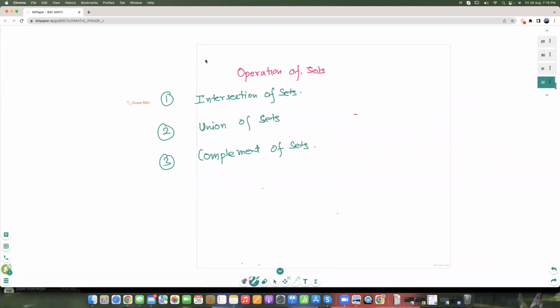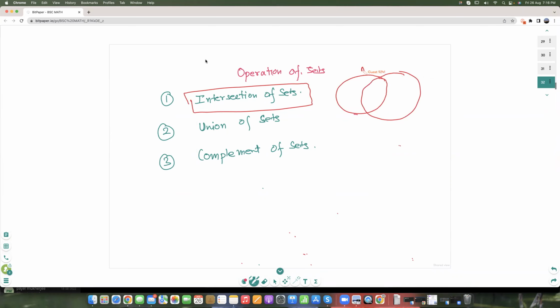Right, guys? So first one, you know what the intersection is, right? Suppose I take two sets, making it using the Venn diagram. So this is A and B. The elements which are common in both sets, intersection means those that are in both.